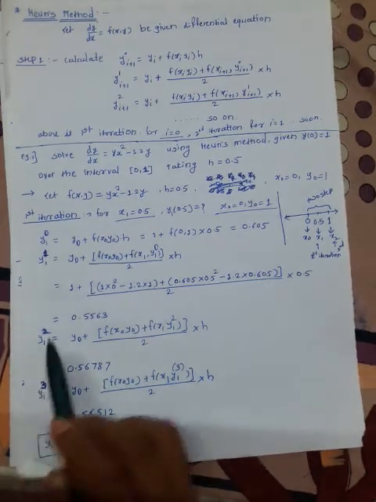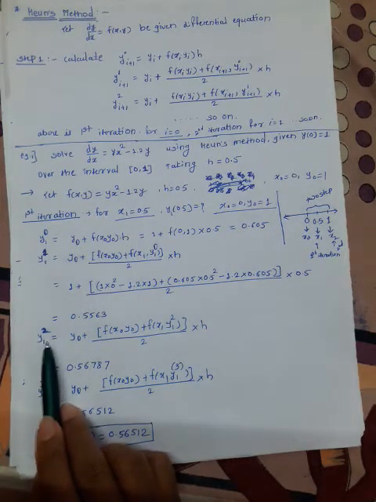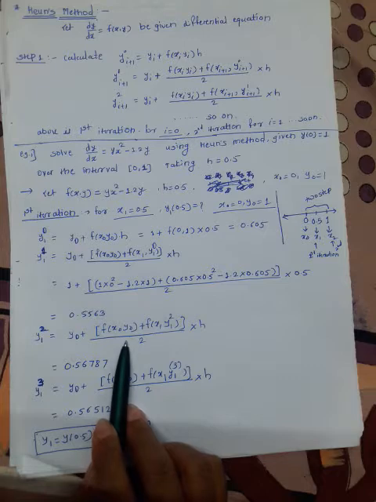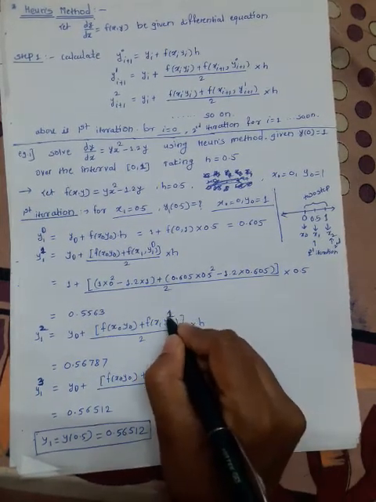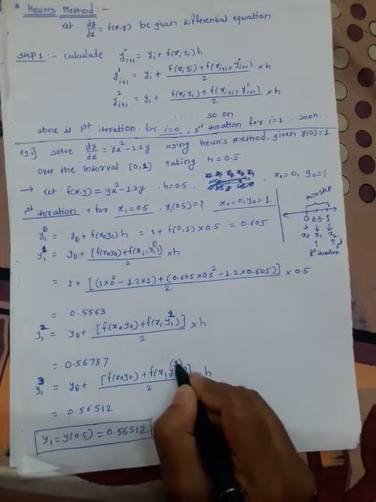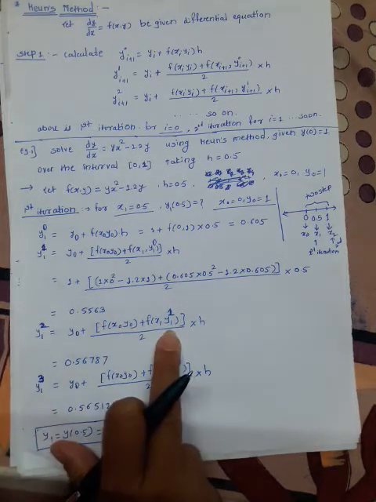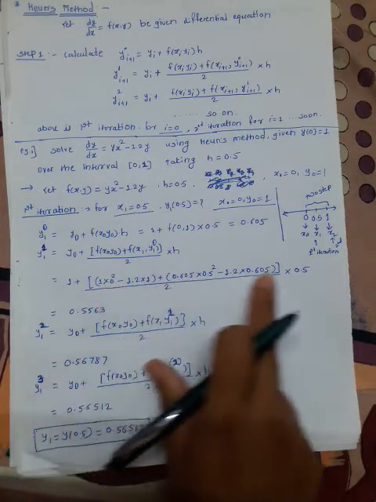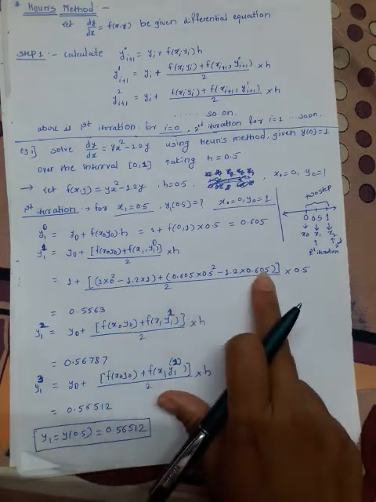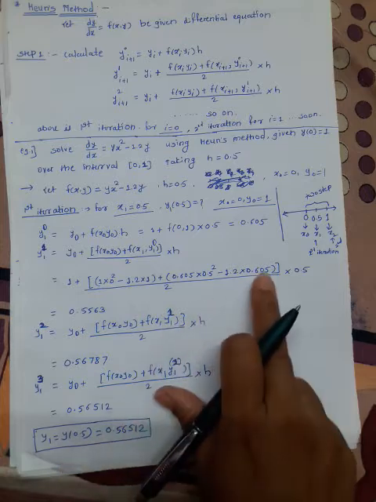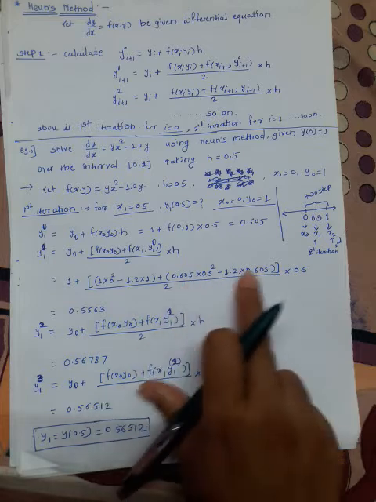Now second, put the value i is equal to 0 here, we get y1 2. What is the difference in these two function formulae? Just replace y1 naught by y1 1, the earlier value. Put the values as it is. In this step, just this 0.605 is replaced by 0.5563 in this function.